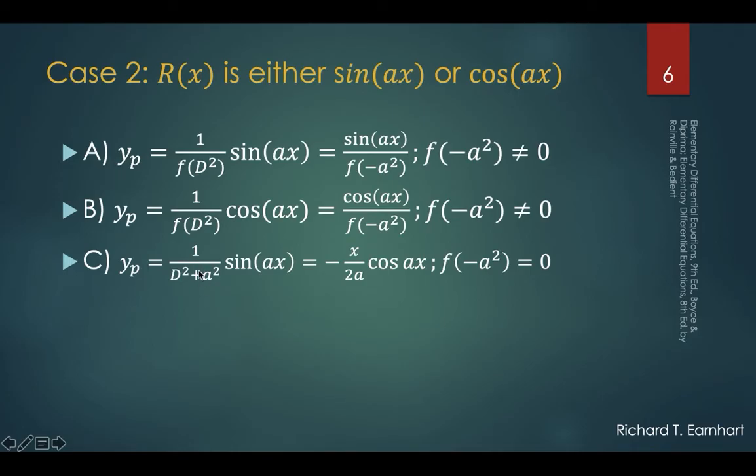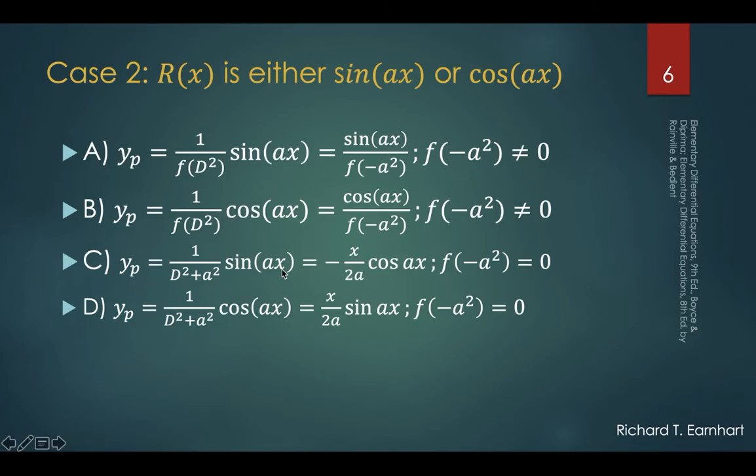So this is applicable only for a factor in the form d squared plus a squared. So we replace sine by cosine and then multiply by negative x over 2a. So a here is coming from the coefficient of the sine function. And then for cosine, you have positive x over 2a. So from cosine, it becomes sine ax.